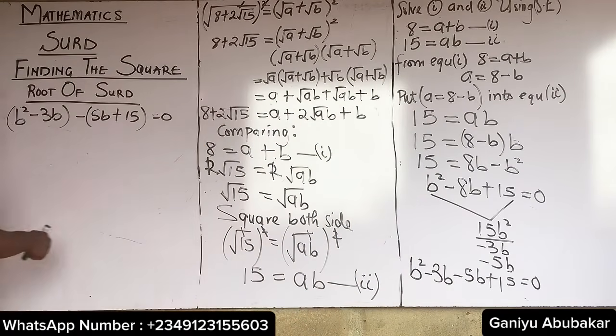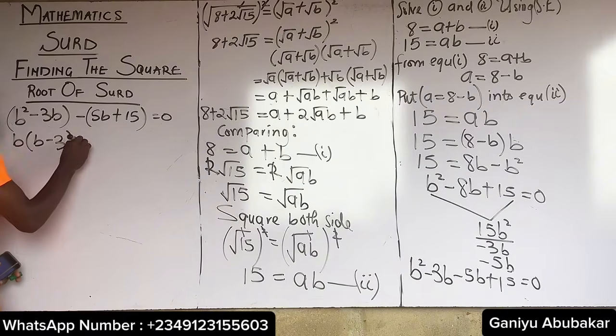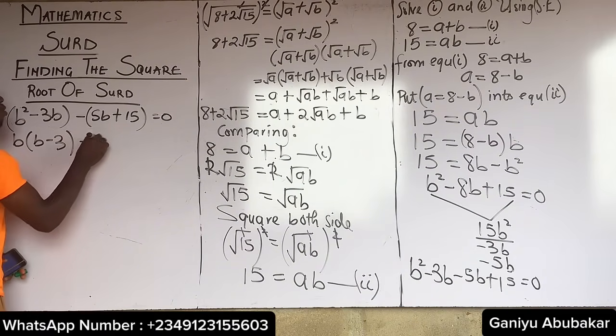Alright, at this point here, I'll factorize. So b is common. Bring out b into b minus 3. b times b, b squared. Minus minus 3 times b is 3b. Alright, what's common here? Of course, this minus. 5 is common.